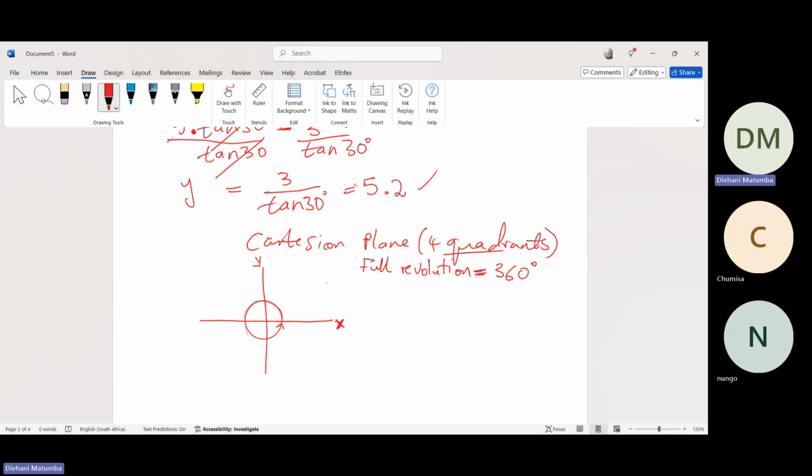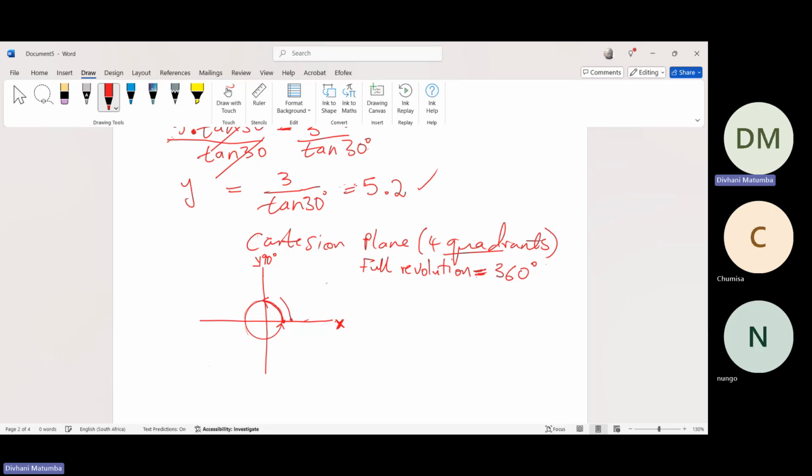So, Tumisa, if you divide 360 by 4, how much are you getting? 90, sir. Okay, so each quadrant, to go to another quadrant, you have to add 90. The maximum of the first quadrant is 90 degrees. Then from this point to there, that's another 90.